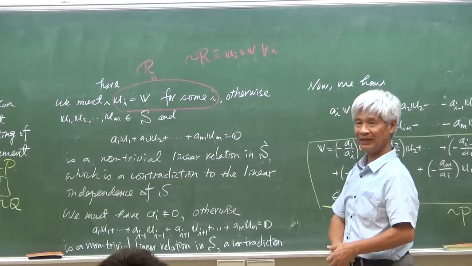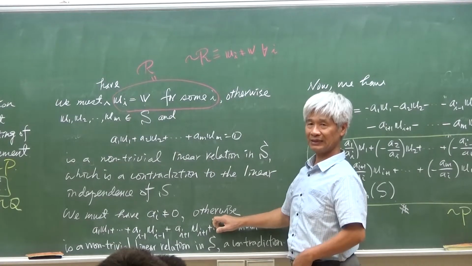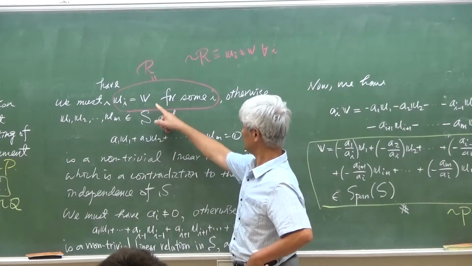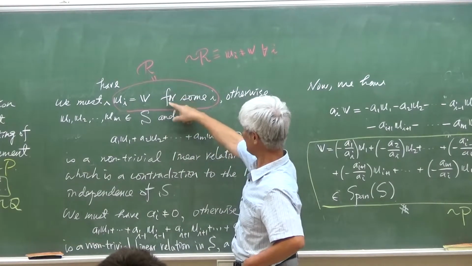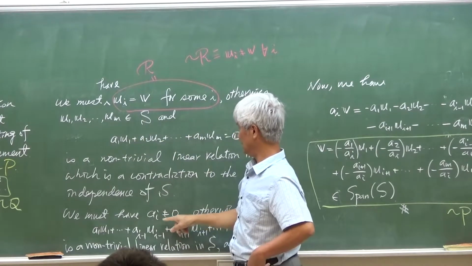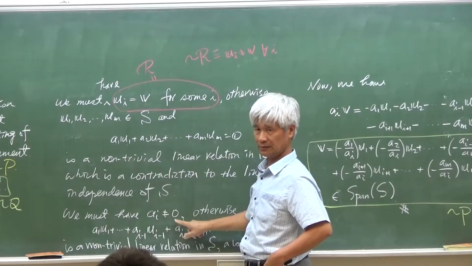So are you satisfied with my explanation? Okay. And this is the same reason here. So now we know for some i, we have ui equal to v. And then for that i, the ai must be non-zero.